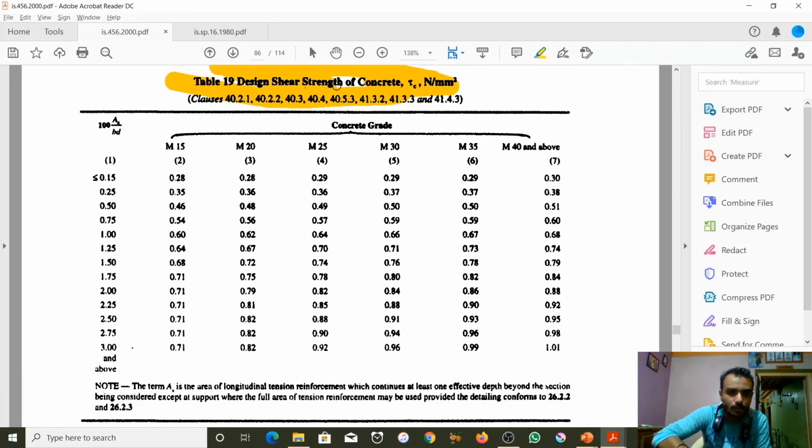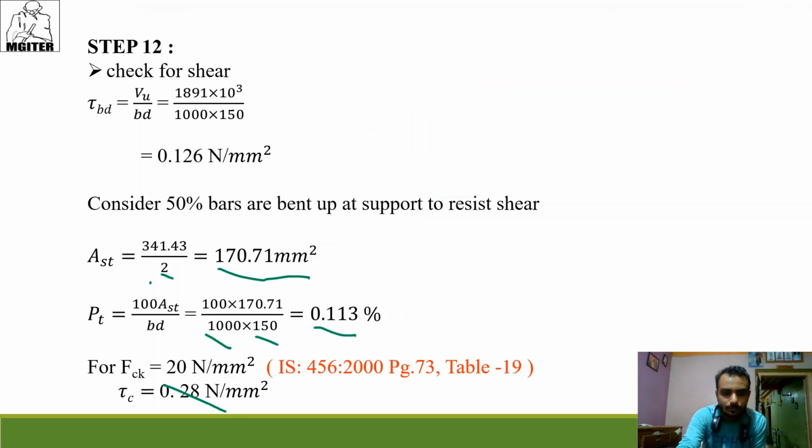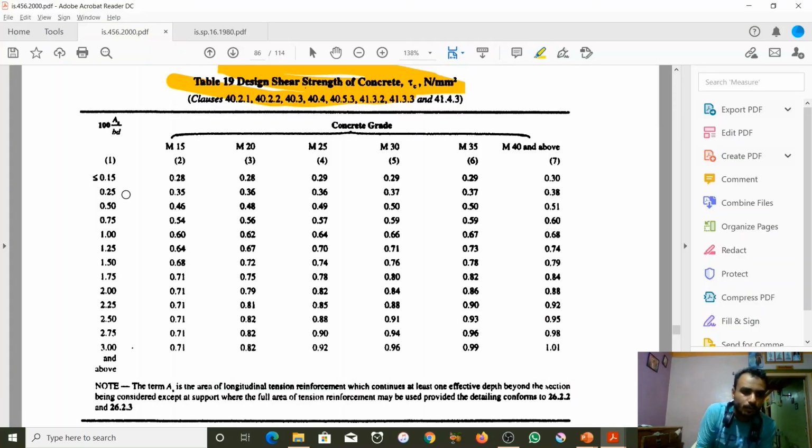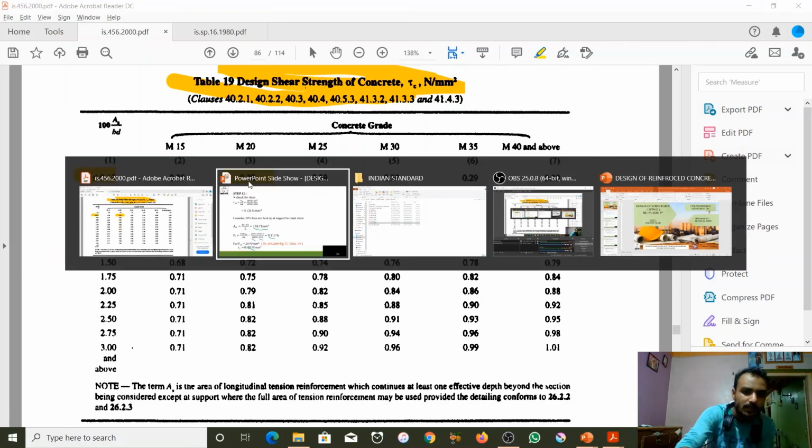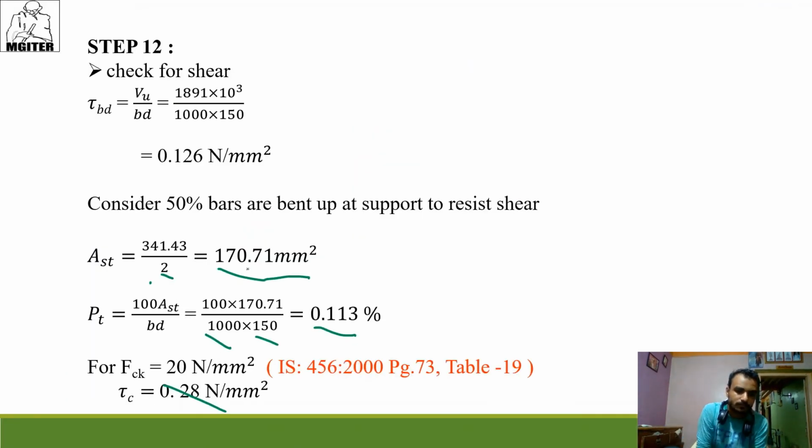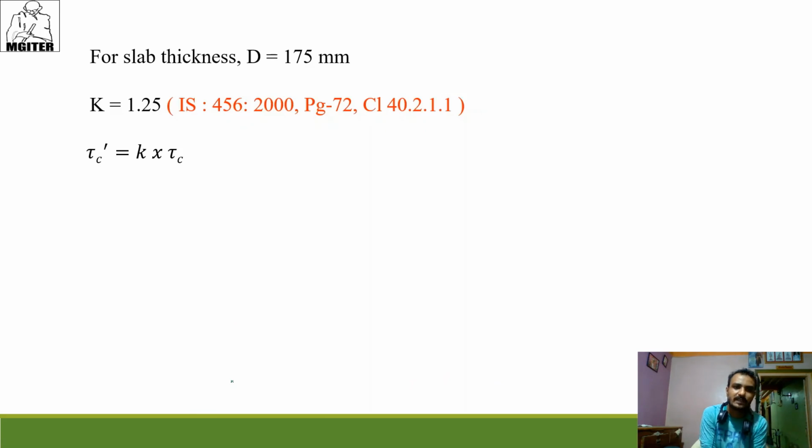We can find it with the pt value, Ast upon bd. The pt value is 0.113, which means it is less than 0.15, so the tau c value is in Newton per mm square.